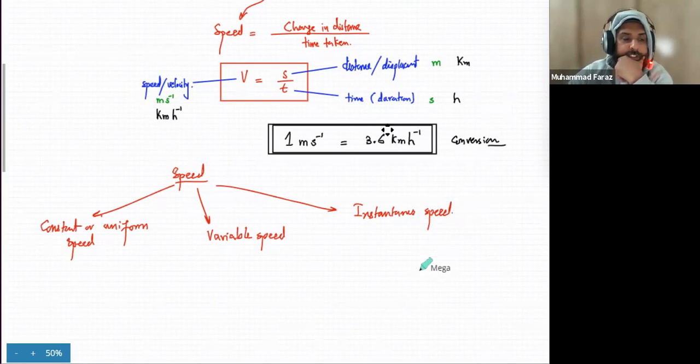Now, what are these speeds? What is constant speed?